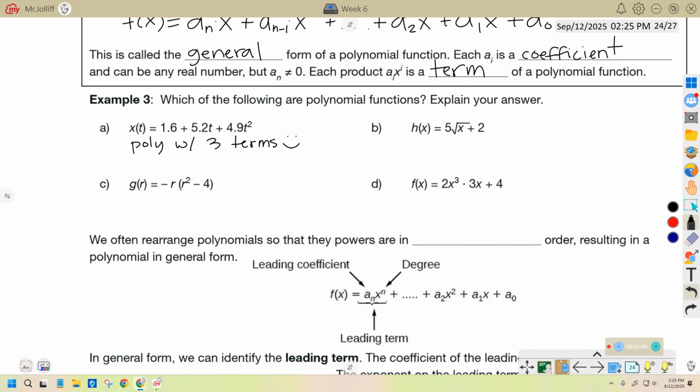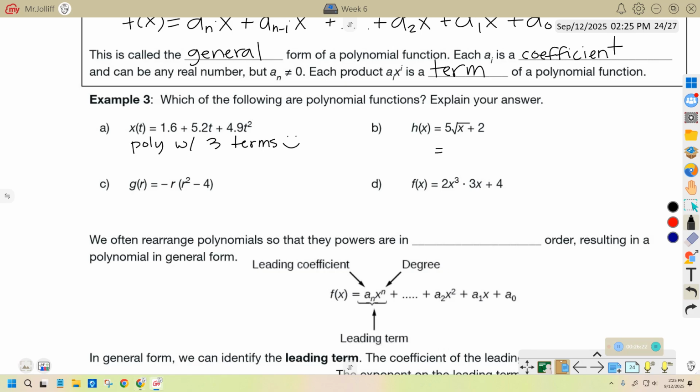H of x equals 5 times the square root of x plus 2. Brandy, is example B a polynomial? Brandy says no. Who agrees with Brandy? I see some nodding. Alan, why do you agree with Brandy? How do you know it's not a polynomial? Square root.